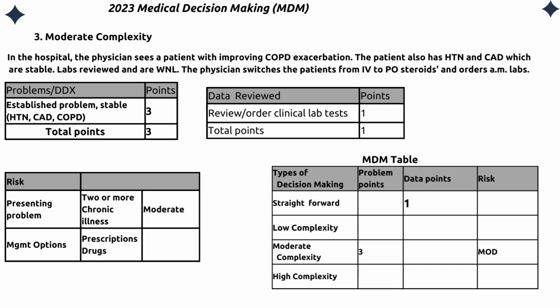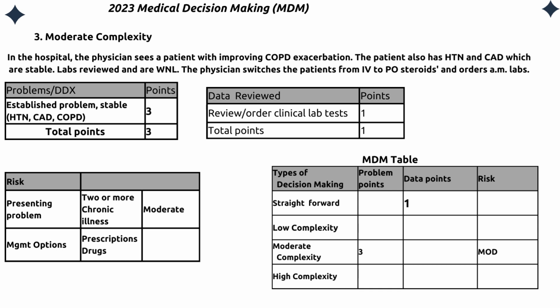and the data reviewed, ordering clinical lab testing, will be 1 point. For the risk of the presenting problem, we have 2 or more chronic illnesses, so it will lead to moderate, and according to the management option the physician is prescribing a drug, so it will lead to moderate complexity medical decision making.